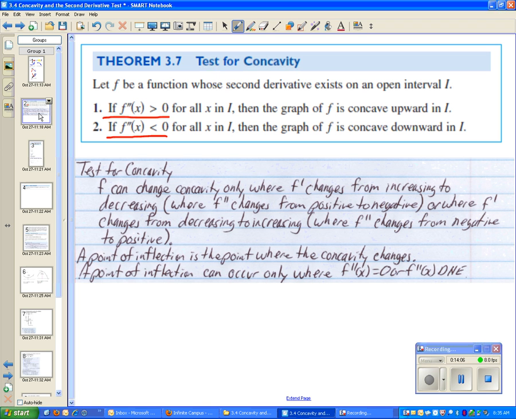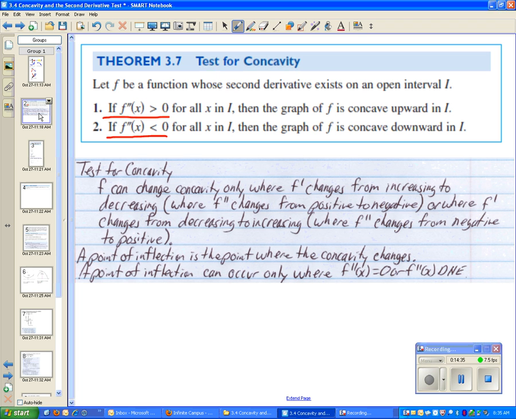So, where are the only places concavity might change? Where the second derivative equals 0 or does not exist. We don't have a nice little name like critical numbers for where the first derivative equals 0 or does not exist. We just call them possible points of inflection. Okay? So possible points of inflection occur when the second derivative equals 0 or the second derivative does not exist.